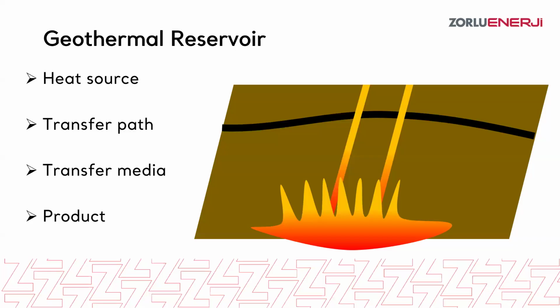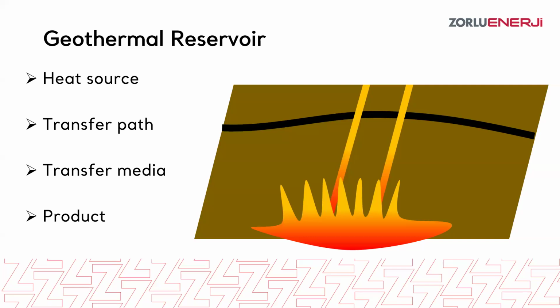Okay, so for a basic overview of geothermal systems, for any geothermal system that we are talking about, we basically need to define the four components you are seeing. First one is the heat source. Second one will be the transfer path. Third one will be the transfer media. And last one will be, of course, the product.